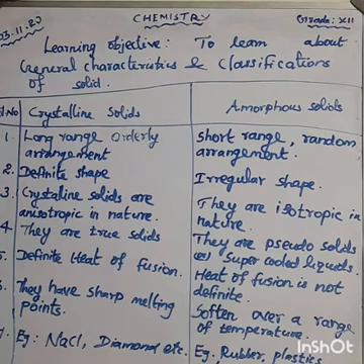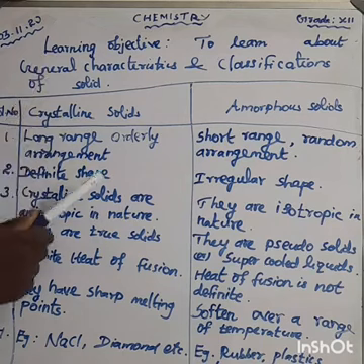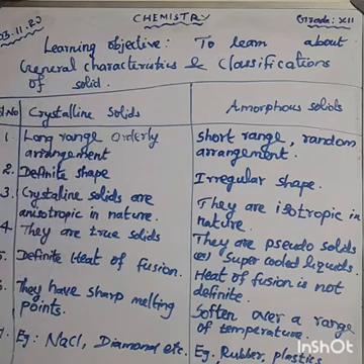Crystalline solids are generally anisotropic in nature. Anisotropic means the property depends on the direction of measurement.